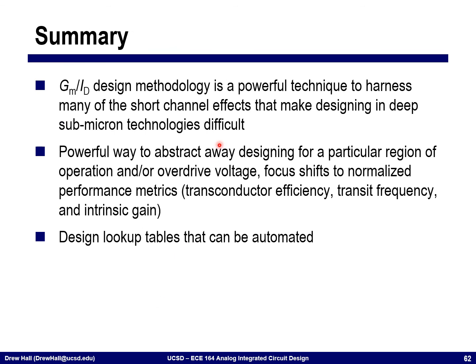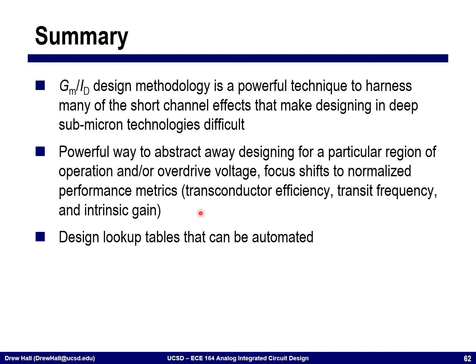Okay, so to summarize this lecture, the GM over ID design methodology is a very powerful technique. It allows us to harness a lot of the short channel effects and incorporate them into our design, even when they become very dominant. And this is most pronounced not in this 0.18 technology, but as you move farther and farther into deep submicron technologies, a la 32 nanometer, which was probably one of the worst technologies because it was the last planar technology, and then they started to go to 3D transistors like FinFET.